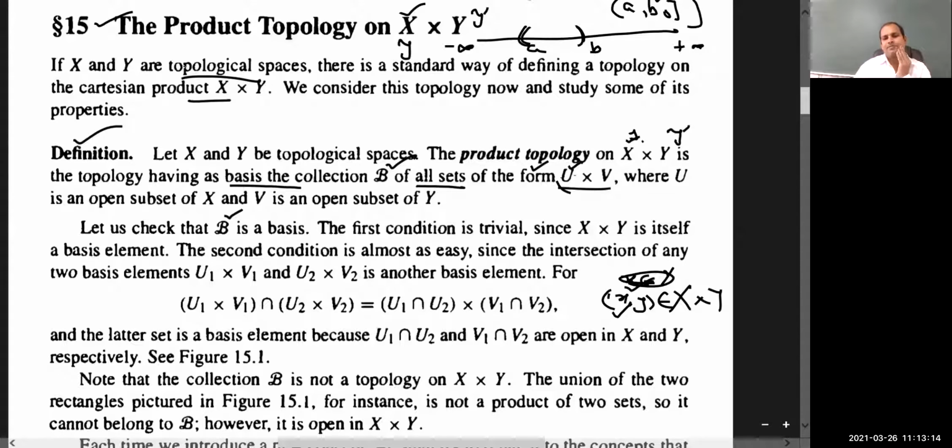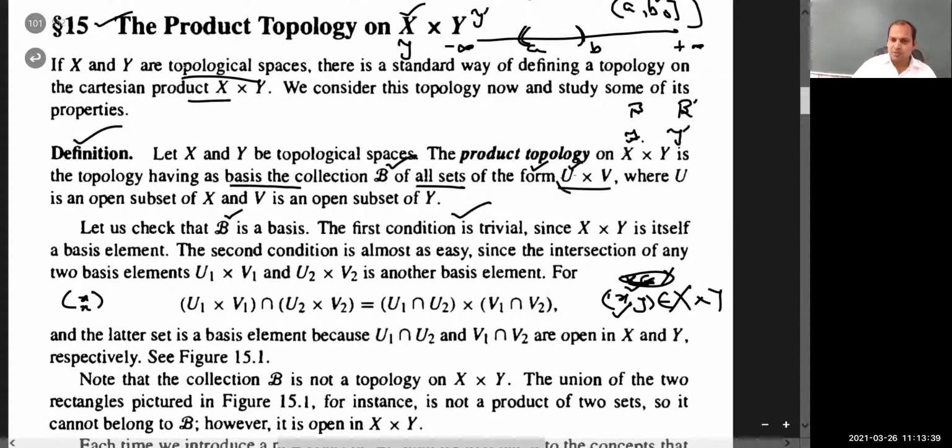You can see that the first condition is trivial. Why? Suppose I take this x and y. Then obviously around each x I can always construct an open set, because T is a topology on X. Suppose this topology is generated by basis B, and the topology script T dash is generated by script B dash.